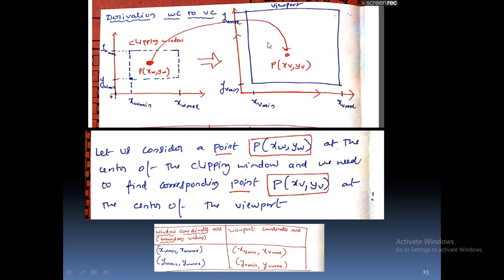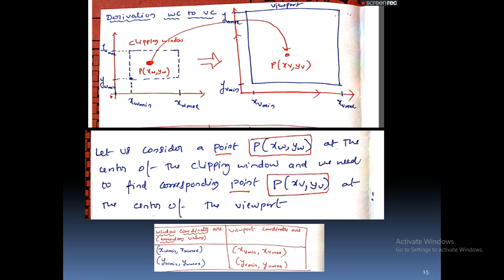What is the standard size of the viewport we defined? Please see this slide down here. XV min, YV min is nothing but the bottom left corner of the viewport. XV max, YV max is the upper right corner of the viewport.